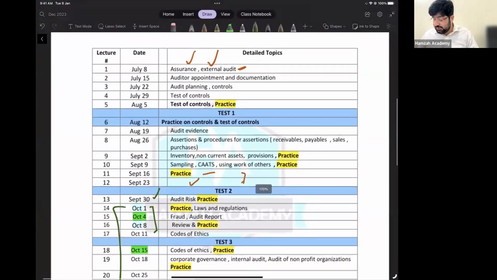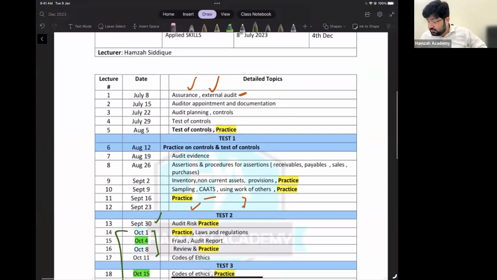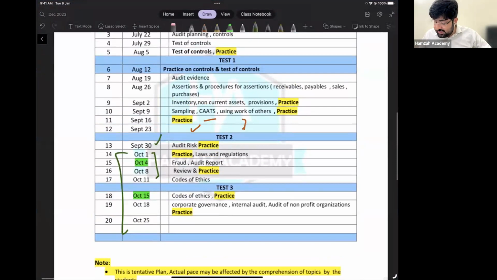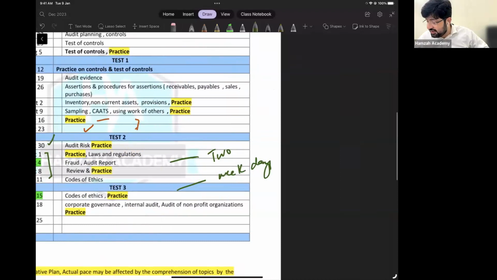Okay. Now, this is the whole plan. Actually, there are two classes here, which are weekday classes, on Wednesday evening. Additional classes.